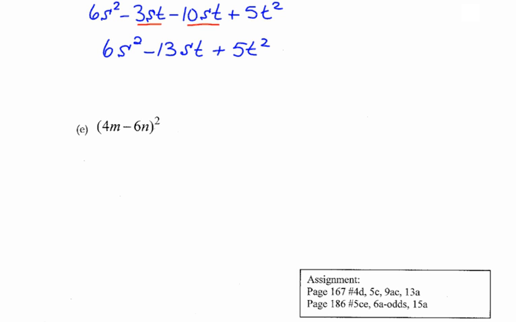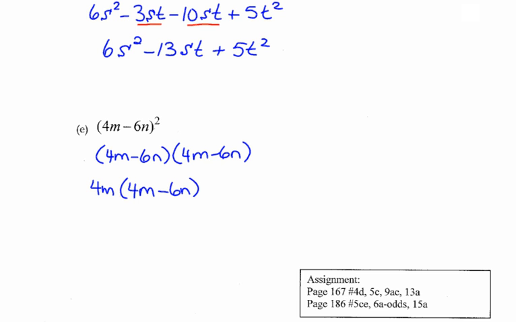So remember, you have a square, which means multiplying by itself. So using distributive law, first 4m will multiply by that second bracket, and then the negative 6n will multiply by the second bracket. So that's your first step.